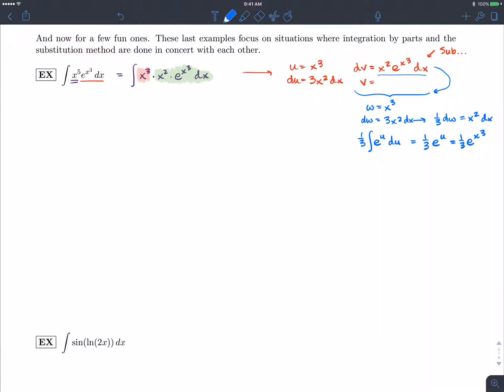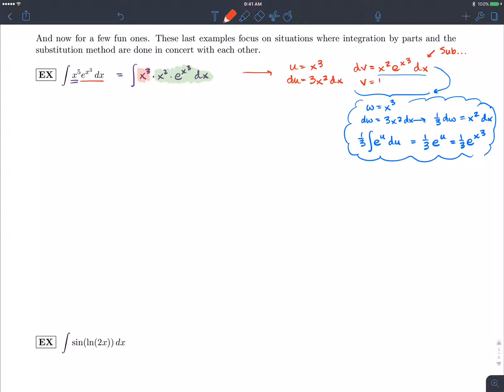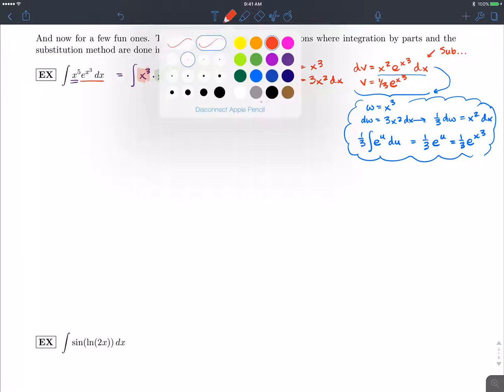So that becomes our v. So this little u substitution here that we did gives us our v, which is 1/3 e to the x cubed. All right, so now we've got all of our pieces to complete integration by parts. Again, we had to split up our original integral in order to integrate dv to get v using the substitution method over here. All right, so let's get back to our original problem.